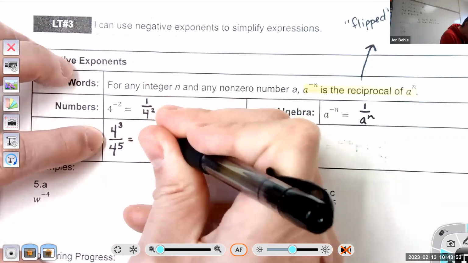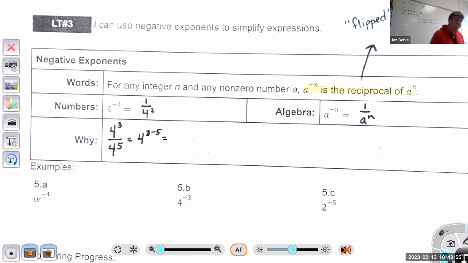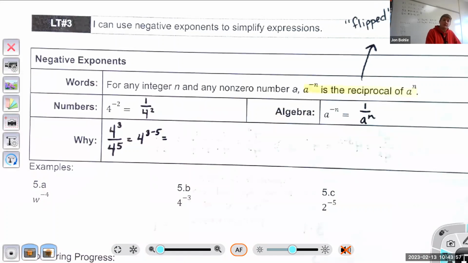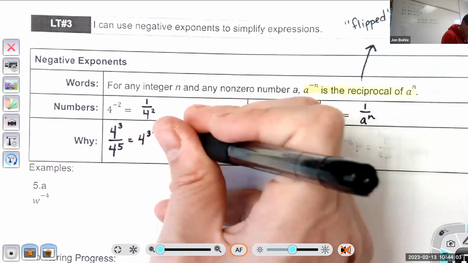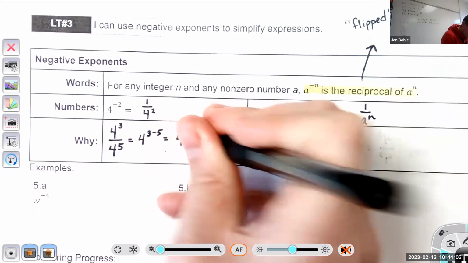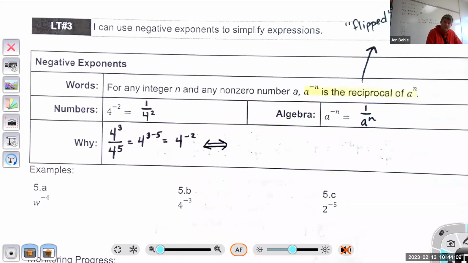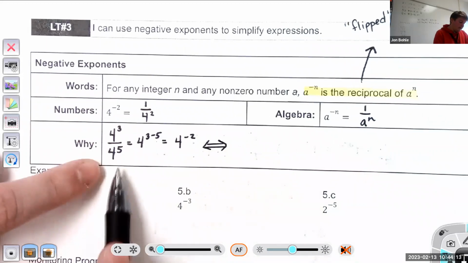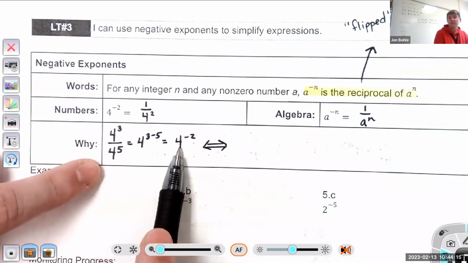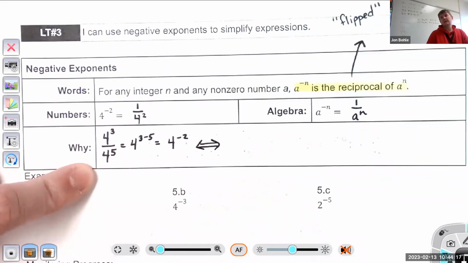So I got to go 3 minus 5. Three minus 5 is -2. So I know 4 to the third over 4 to the fifth is the same as 4 to the negative second.